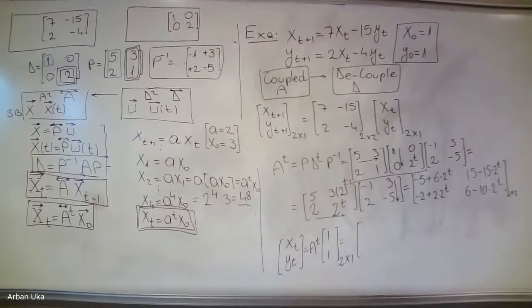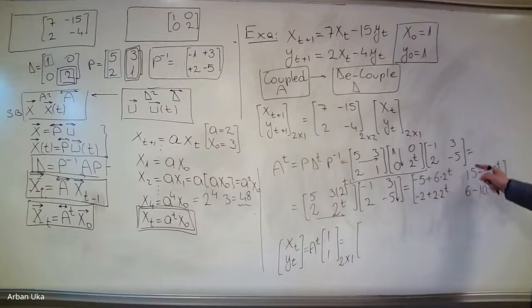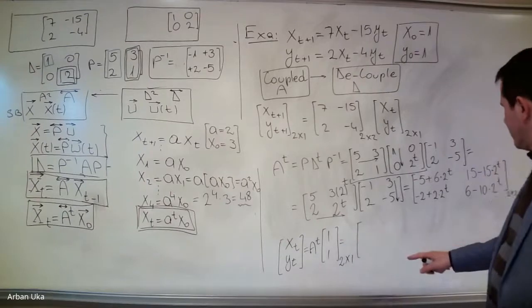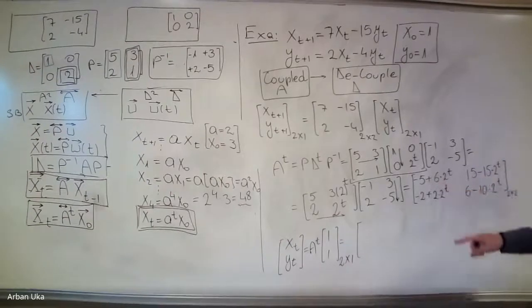And here what we get is the first column plus the second one, okay? Is it clear why we have these two together?